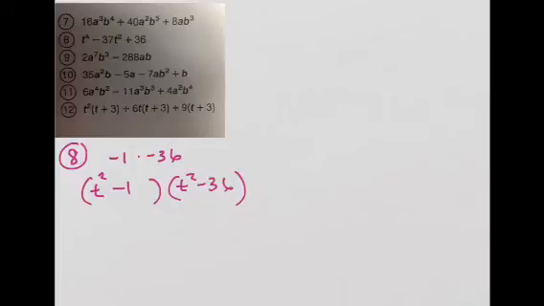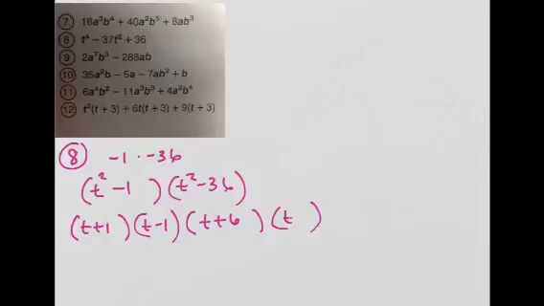Now these two are each difference of squares, so you factor it further. For t squared minus 1, it's going to be t plus 1, t minus 1. For t squared minus 36, it's going to be t plus 6 and t minus 6. So this is a completely factored form of number 8.